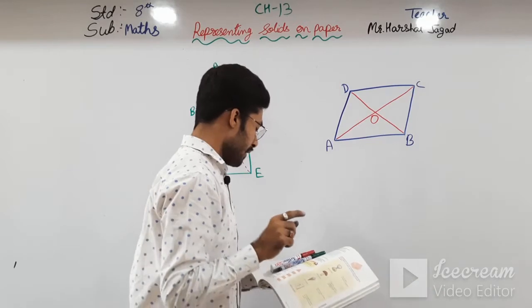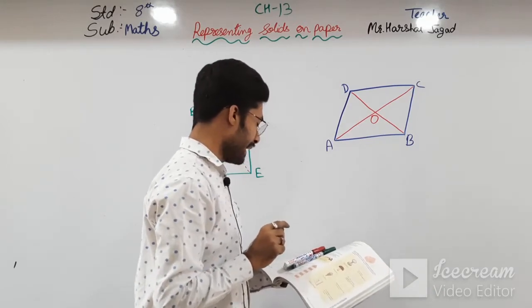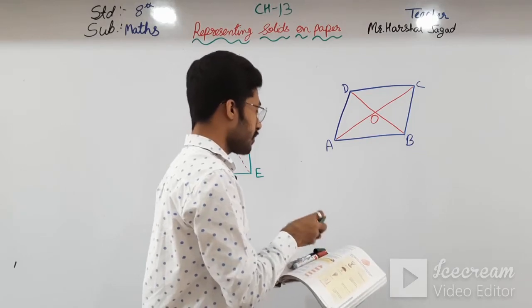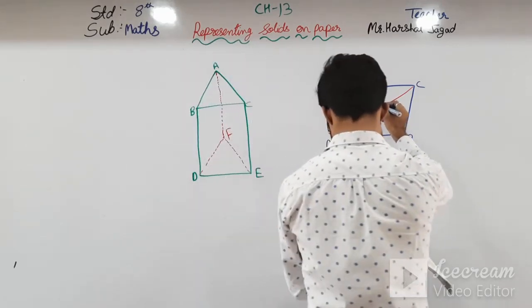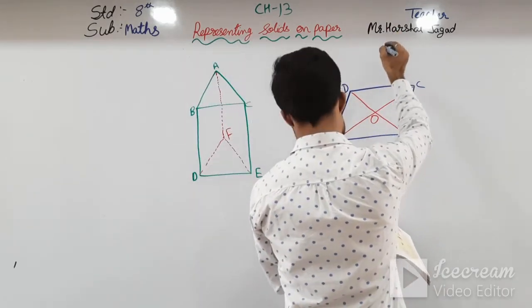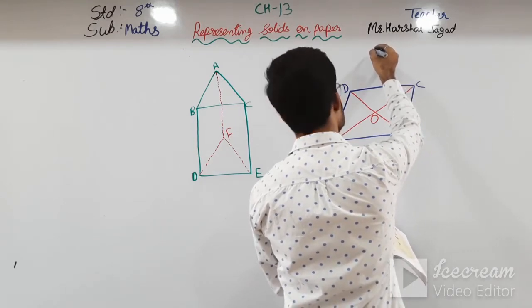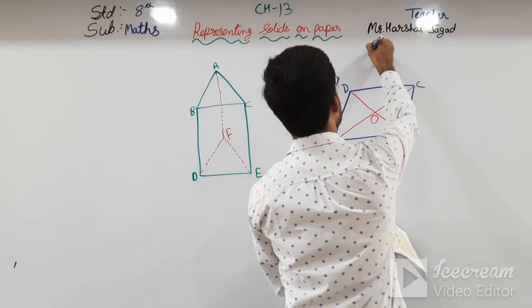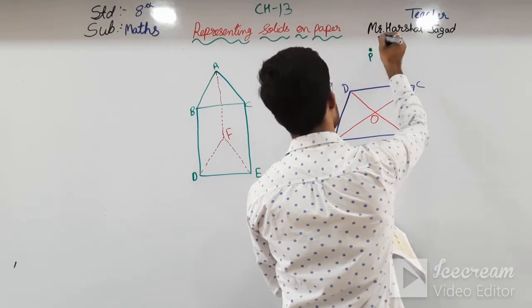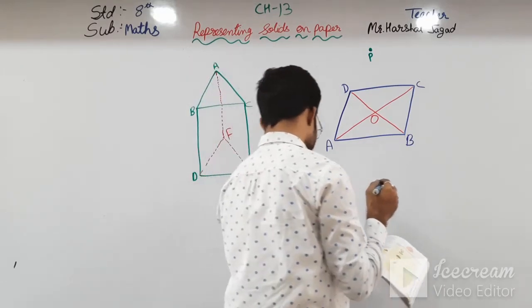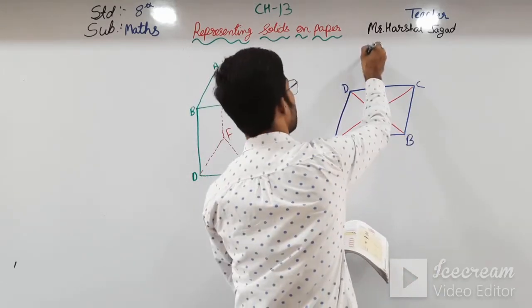Next point is, we have to join PD with a dotted line. So here, first of all, drawing a point above this. So above this point, I have to draw this point over here. If you say this is the point P, then now we have to join PD with a dotted line.